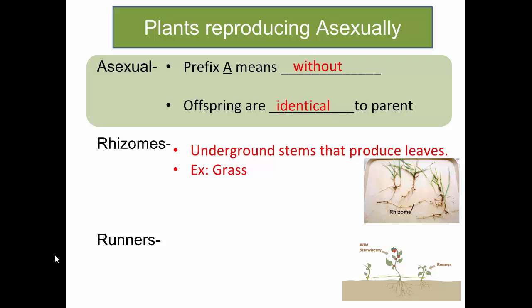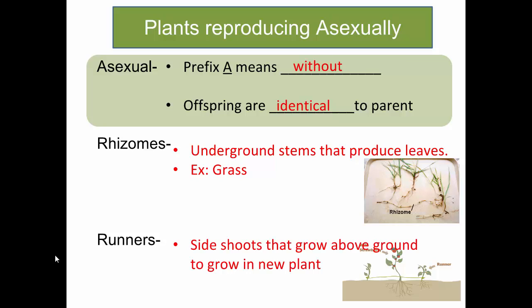Now this is often useful to colonize an area very quickly. You know, if you plant some grass seed in a bare patch of your lawn, some of those seeds will germinate and grow. But then most of that area will fill in with grass seeds producing rhizomes and popping up these clones.